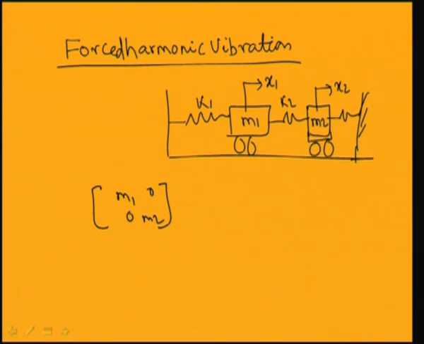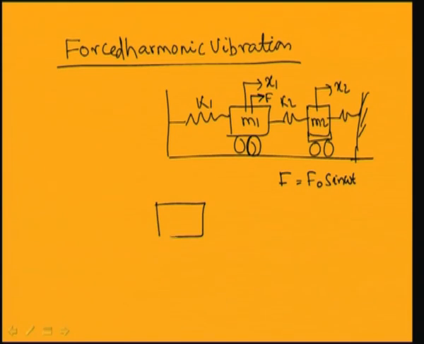So let me assume that this mass m1 is subjected to a force. So this is F, and this force F is equal to F0 sin omega t. So I can write the equation of motion by drawing the free body diagram of the system. So let me draw the free body diagram of this mass m1.